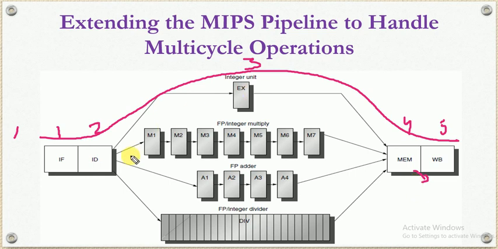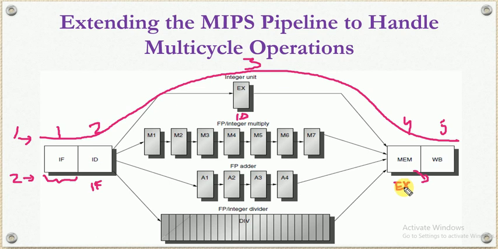Now the initiation interval for the second operation will again be 1 because the second instruction can start after a one cycle delay only. So this is the second instruction and this is the first instruction. So instruction fetch, instruction decode, then in the fourth cycle it is expected to have the EX operation.